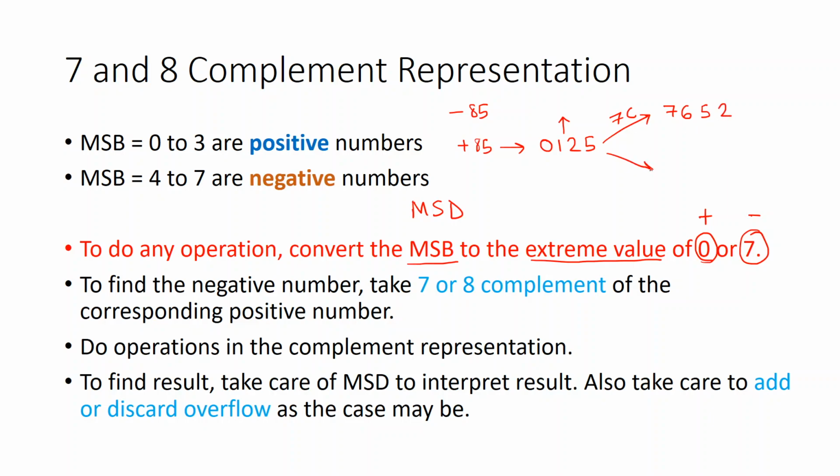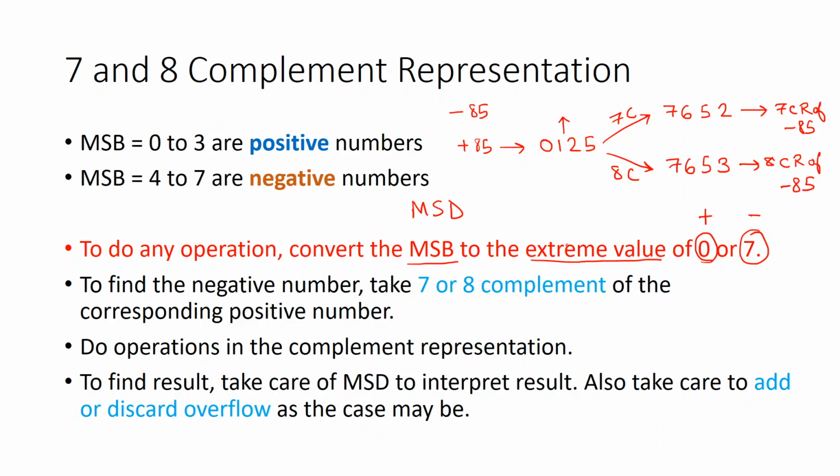This is the 7's complement representation of minus 85. If I do the 8's complement, I only have to add a 1 to this, and that gives me 7653, which is the 8's complement representation of minus 85.